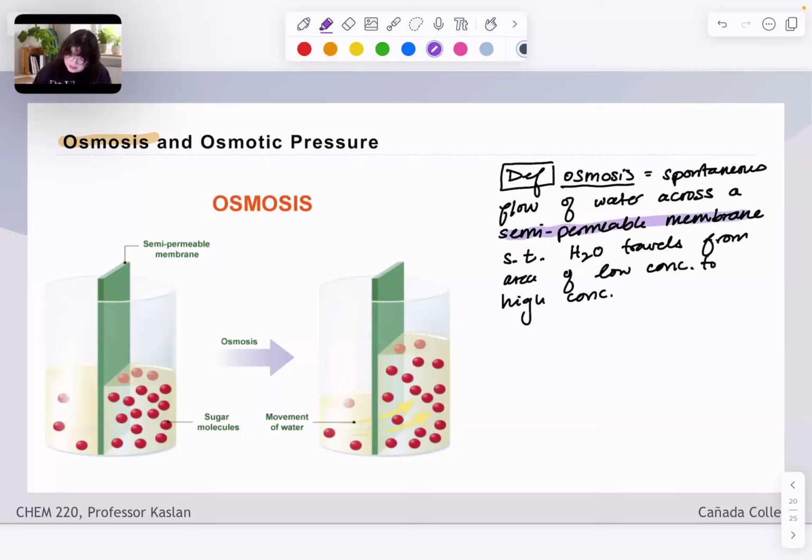So semi-permeable membrane. If we're talking about a literal biological membrane, right? It's an actual physical membrane instead of just like a piece of filter paper, which is something you and I might encounter in our Gen Chem classes.